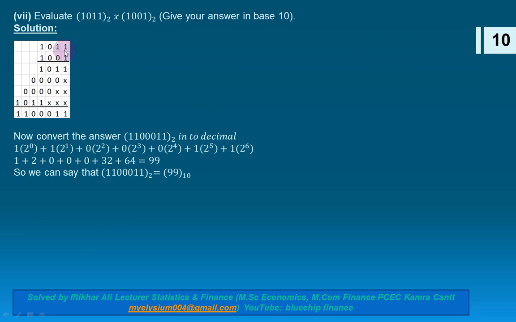So first of all we multiply these two figures, and the result is 110011, and now we will convert this into the decimal, and simply we will start from the right, and 1 multiplied by 2 raised to power 0 plus 1 multiplied by 2 raised to power 1 plus 0 multiplied by 2 raised to power 2 plus 0 multiplied by 2 raised to power 3 plus 0 multiplied by 2 raised to power 4 plus 1 multiplied by 2 raised to power 5 plus 1 multiplied by 2 raised to power 6, and after the calculation or summing up, the answer is 99.